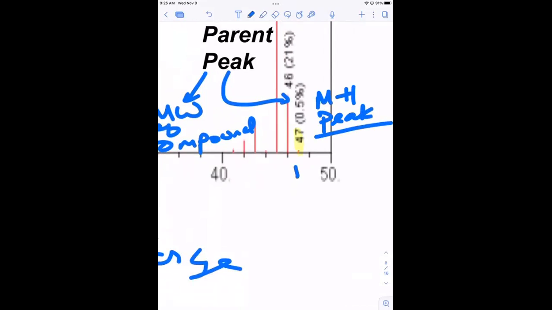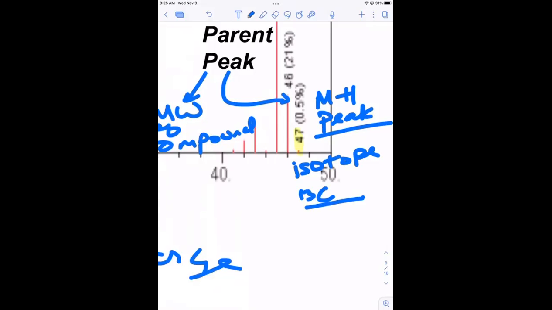It corresponds to the isotope, what we call the isotope peak. So based on the natural abundance of the carbon-13 isotope, because we know carbon's molecular weight is 12, the isotope has 1 extra neutron in the nucleus, so the molecular weight goes up to 13. Based on the natural abundance, that's going to determine how intense that actual peak is.